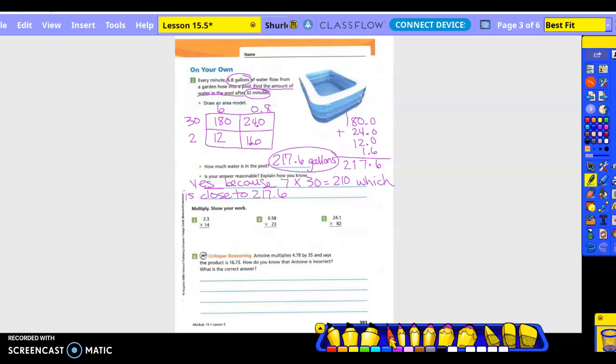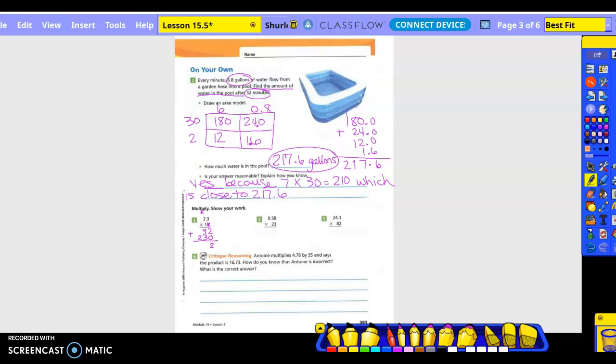Okay. 4 times 3 is 12. Put a 2. Carry the 1. 4 times 2 is, plus 1 is. Mark off our regrouping. Mark off our 1 spot. Put a 0 to move to the 10th spot. 1 times 3, 1 times 2 is, and then add.